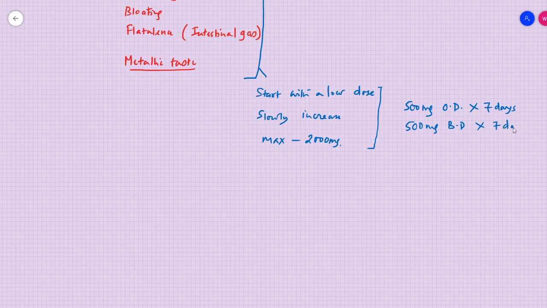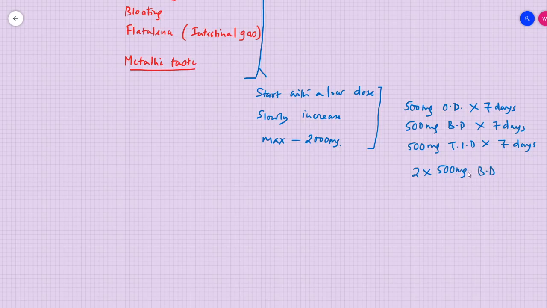That also continues for 7 days. So after that, 500 milligram is administered TID, thrice a day, for 7 days. Okay, so after that, 2 into 500 milligram is given BD.